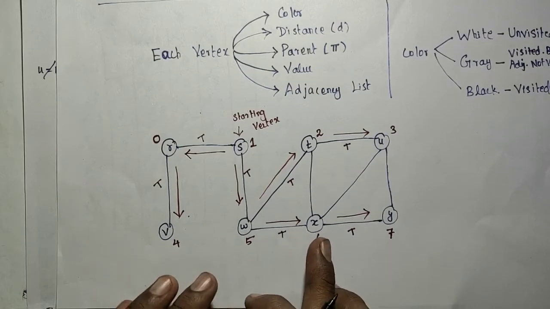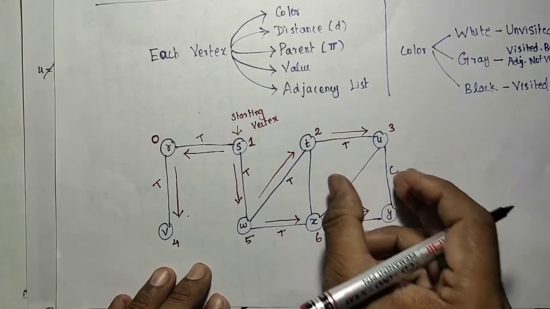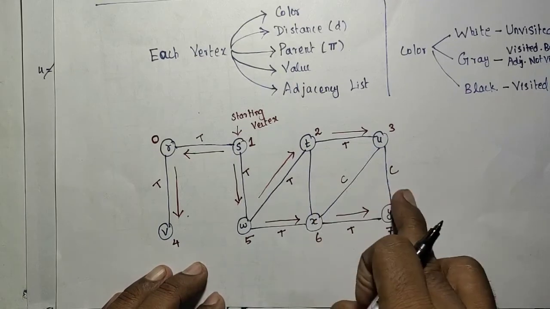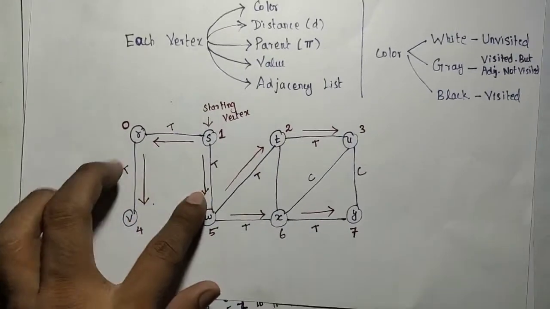The other edges in that graph are the cross edges, C and C. So these two edges will not be there in the resultant tree, so they will be marked as cross. Now you can draw the tree only by considering the tree edges.